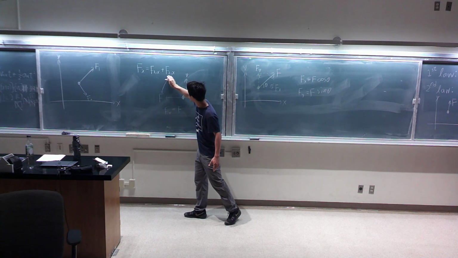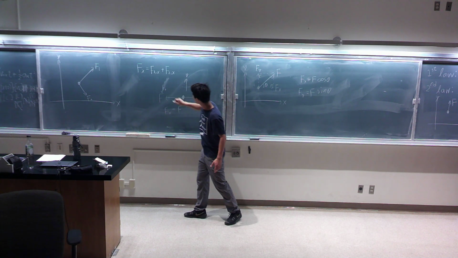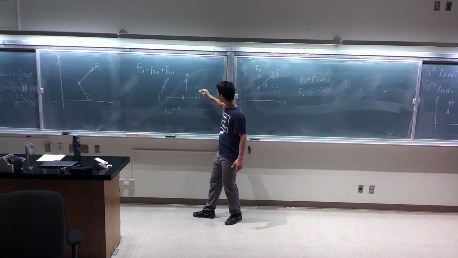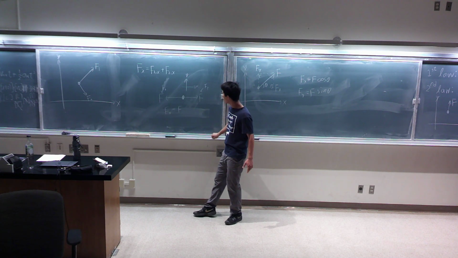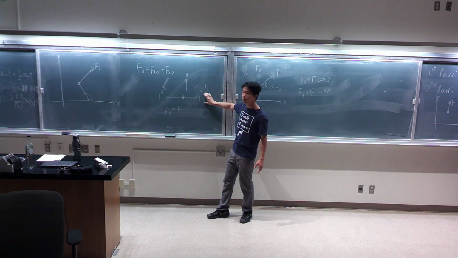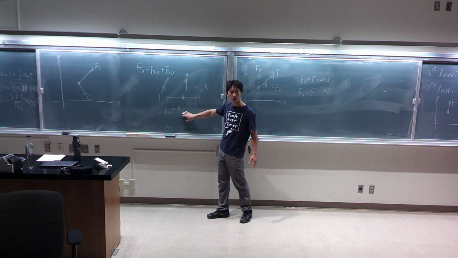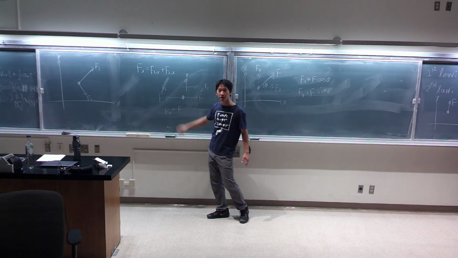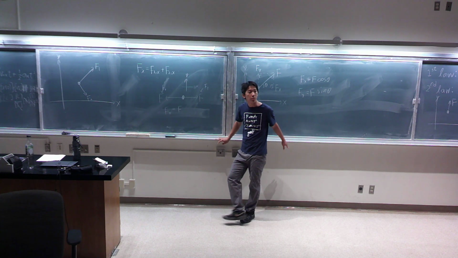This is F2. This is F1. If F1 is pointing to positive x with magnitude F, then its x component will be F. How about F2? It is going to the negative x. What will be the x component of that F2?